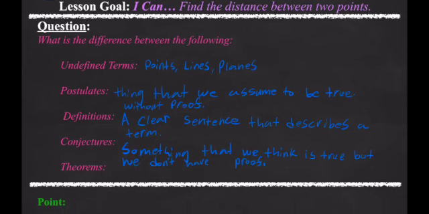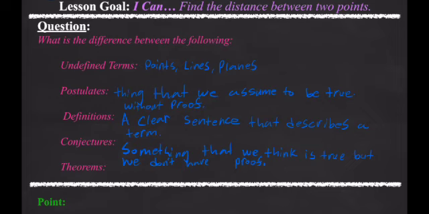Okay, theorems are something that we prove, something that we show has to be true. So far, all these things do not really have to be proved. A definition does not have to be proved. A postulate doesn't have to be proved. Undefined terms don't have to be proved. Conjectures do not have to be proved.